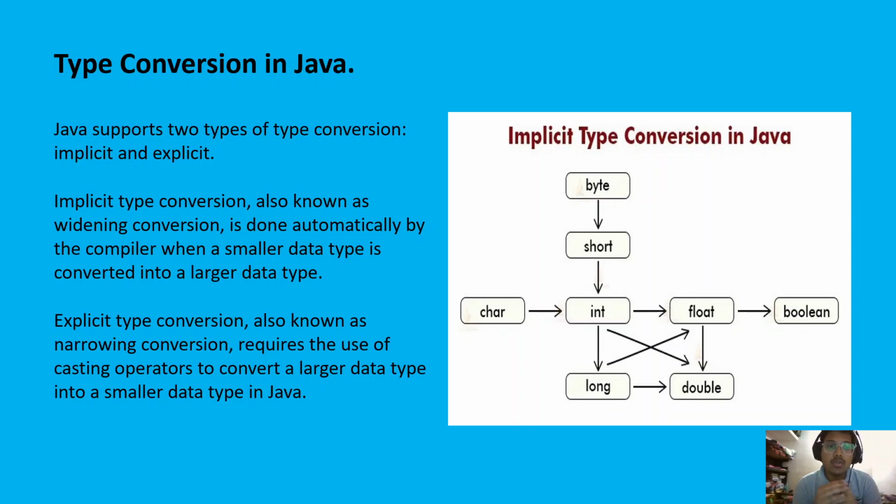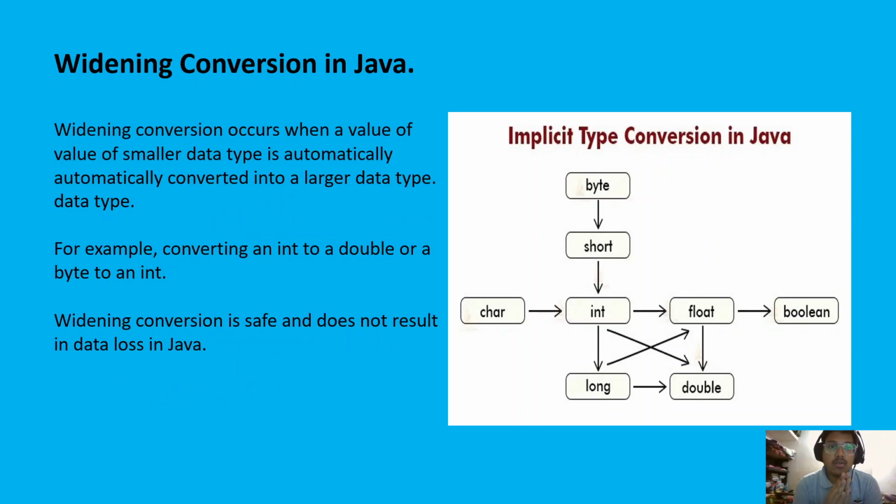So implicit conversion is done by the system automatically. Explicit type conversion is also known as narrowing conversion, because here we require the use of casting operators to convert a larger data type into a smaller data type in Java.